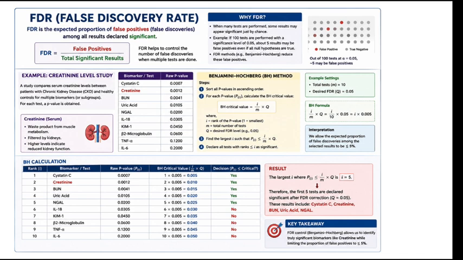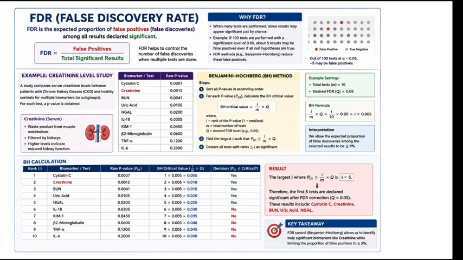We get the critical values for all of them. When the critical value is less than 0.05, those are considered true positives. Values which are more than 0.05 are considered false positives.